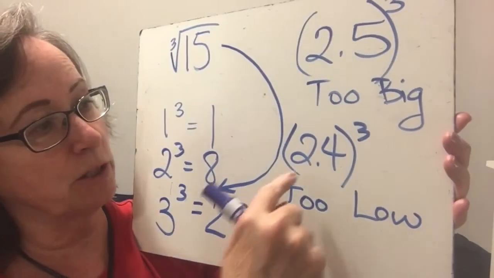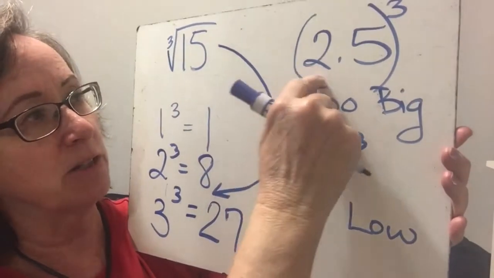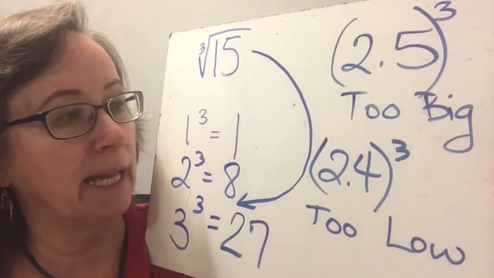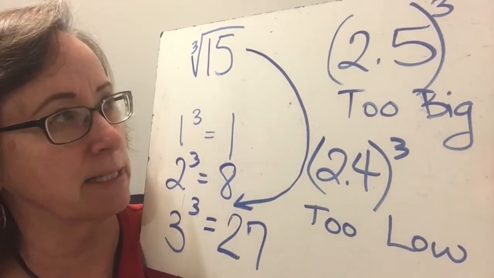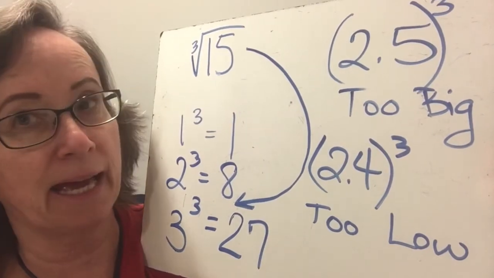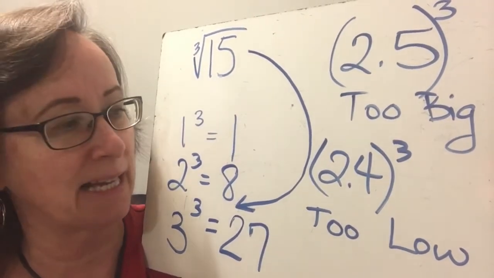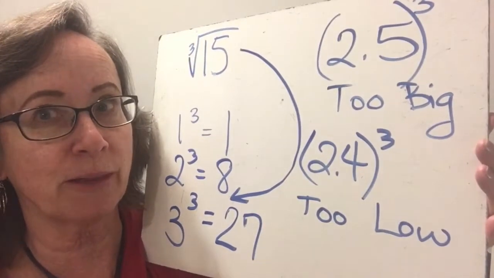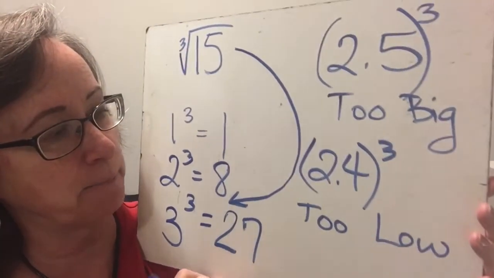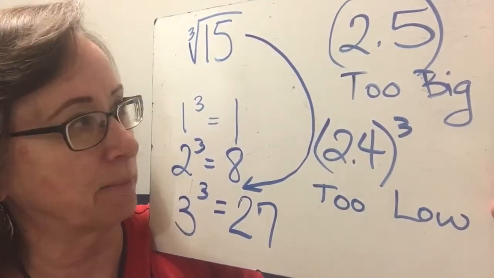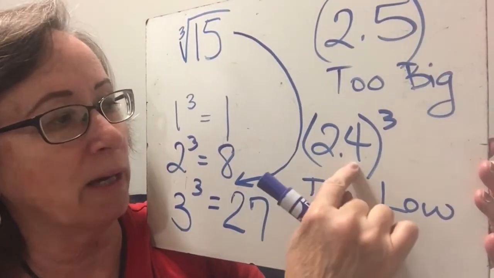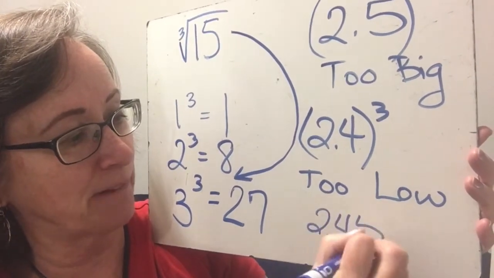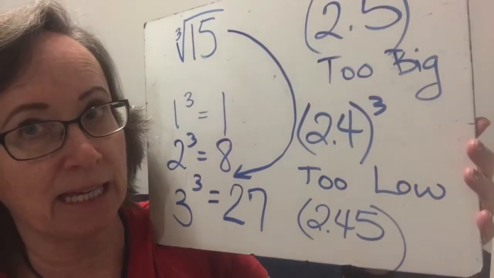Okay, so if I know that 2.4 is too low and 2.5 is too big, I have to figure out which one is going to be the better estimate, because I am supposed to get the best estimate to the 10th place. So now I'm going to go to the 100th place, and I have to find the best estimate to the 100th place. So why don't we try 2.45 and see what happens.